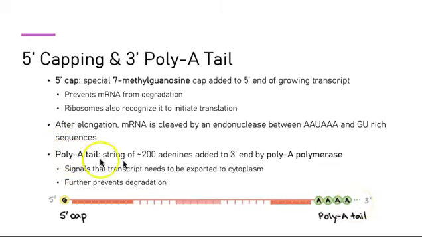Poly meaning many, so we're going to have approximately 200 adenines that are added to this 3' end by an enzyme known as poly A polymerase. And this helps to signal the transcript that it needs to travel to the cytoplasm so that we can go through the process of translation, and will also prevent degradation, just like the 5' end.